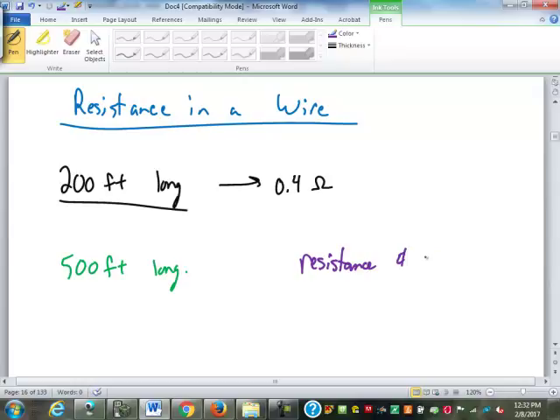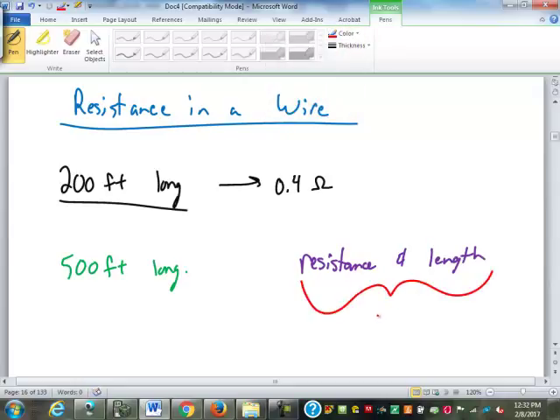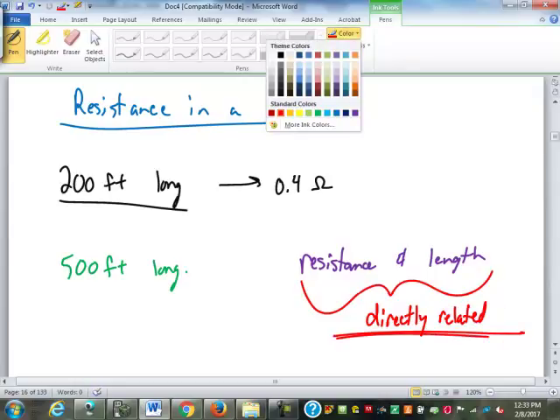Okay, 1.0. Resistance and length are what we call directly related. Everything else held constant. Type of wire, diameter of wire, everything else constant. The length and the resistance are directly related.